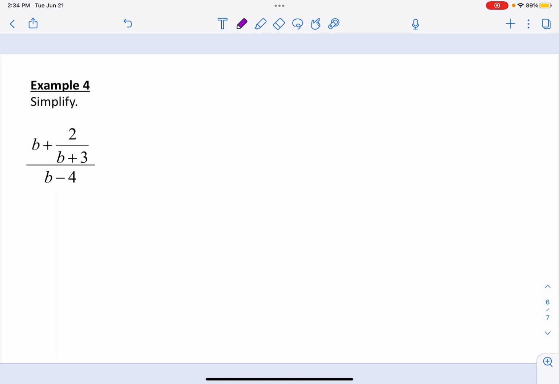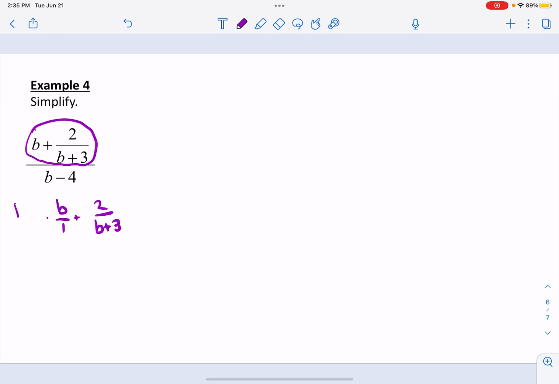Okay, this one. This one is challenging because we first have to simplify that numerator. I have to simplify this into one fraction. So I have to get that to be basically one term. That's what I did in the first example. So I have b essentially over 1 plus 2 over b plus 3.